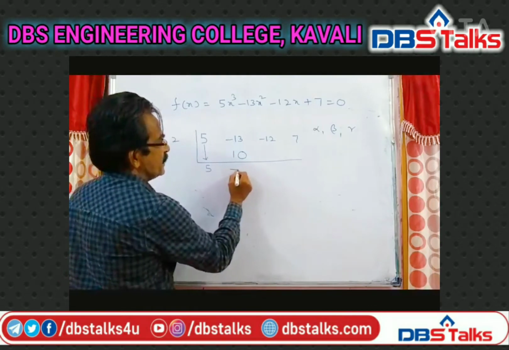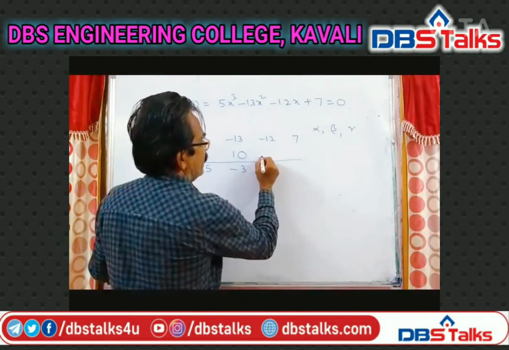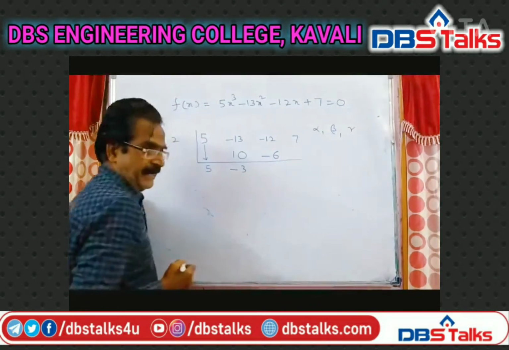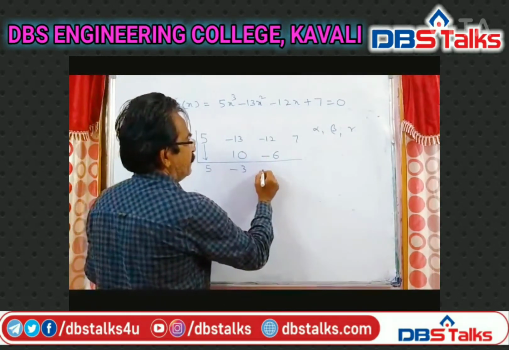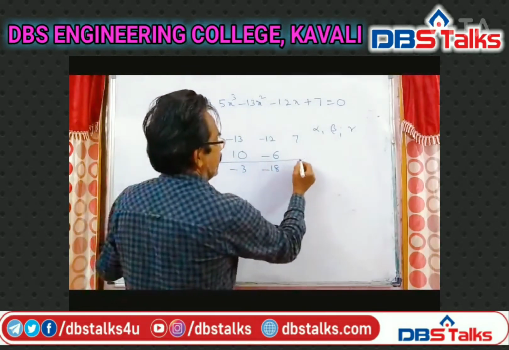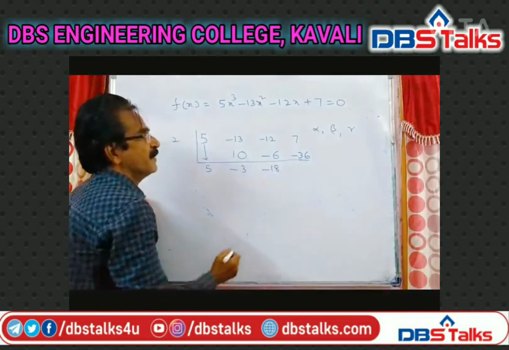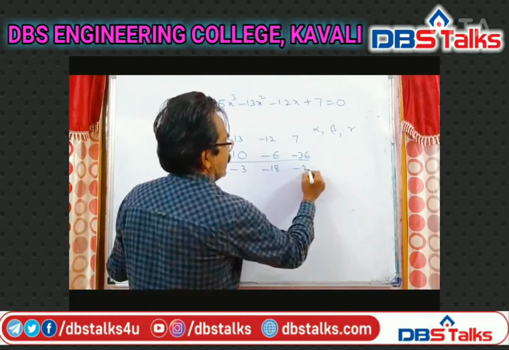Add these two things: minus 3. 2 into minus 3, minus 6. Add: minus 18. 2 into minus 18, minus 36, minus 29.